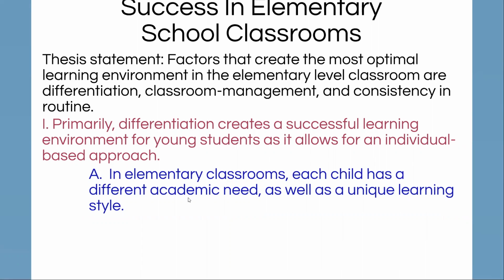As far as that individual-based approach goes, we're looking at that child's unique learning style and their specific academic need. This is specific to each child. And so you're going to see that information start to go from more general to specific in supporting that thesis statement and the main idea.